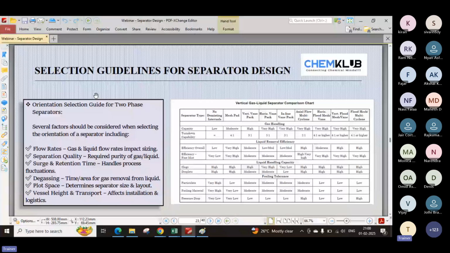Degassing, again, is how much gas is trapped with the liquid. Plot space is one critical one. Height for transportation and building: whether you have to design a 40-meter height or 40-meter length vessel, then you have to think about sizing again. So there are various factors.